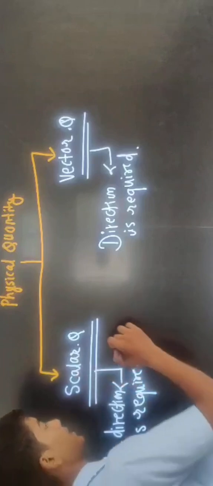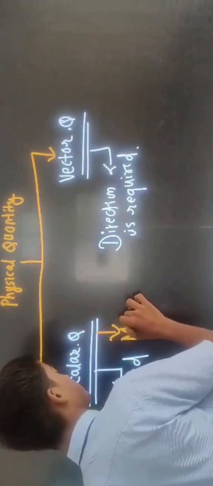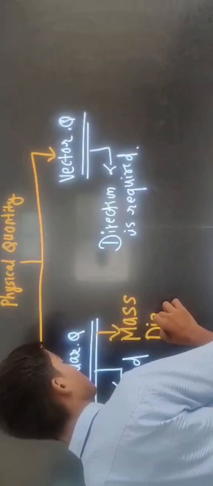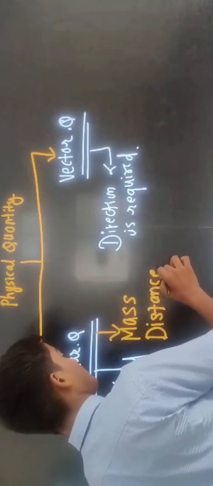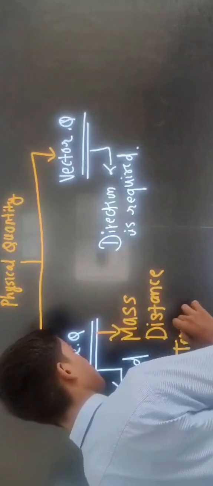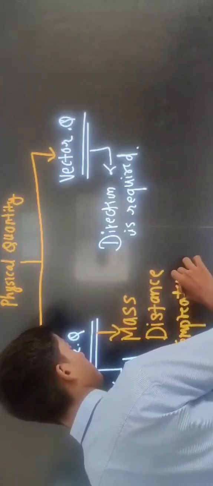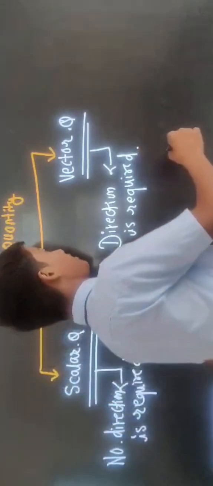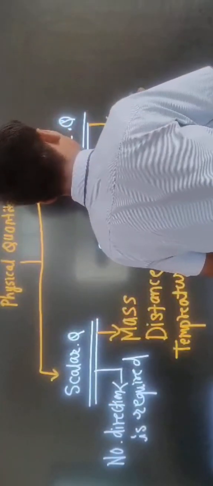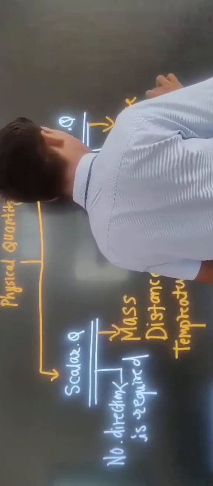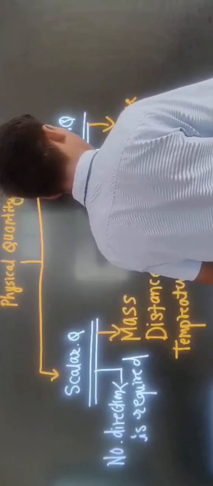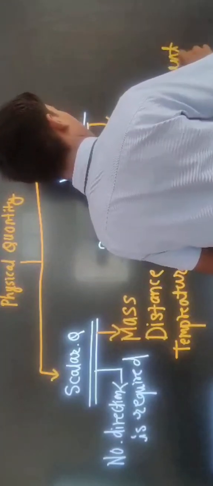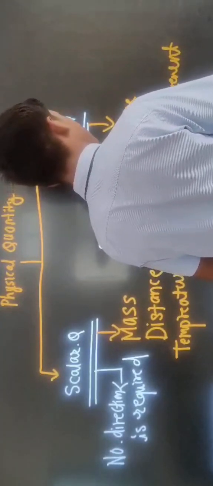For example, in scalar, we can take mass, distance, temperature, etc. And in vector we can take as examples force, acceleration, displacement, and velocity.